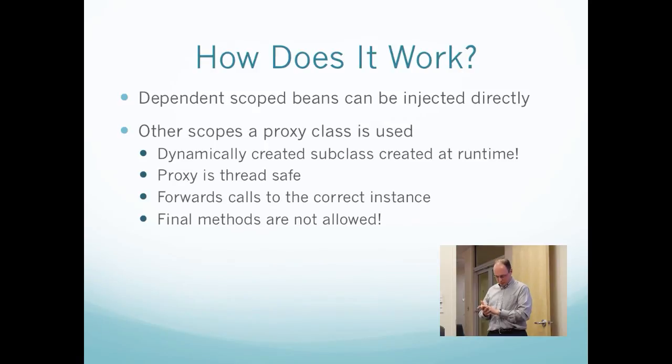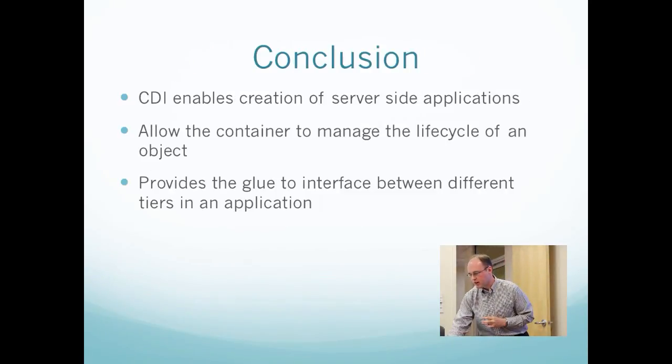So that's pretty much the CDI part in a nutshell. The big thing that I want to make clear is that it allows the container to manage the lifecycle of an object. I think some of the limitations of frameworks in the past is we were saying, you know what, it's either going to be a singleton, or a prototype, or a pooled object.